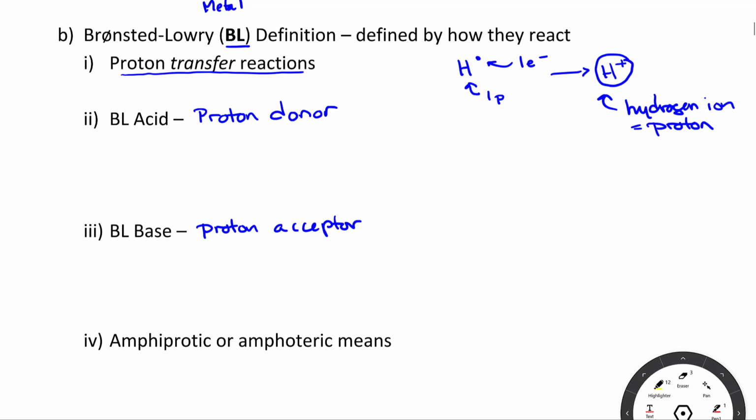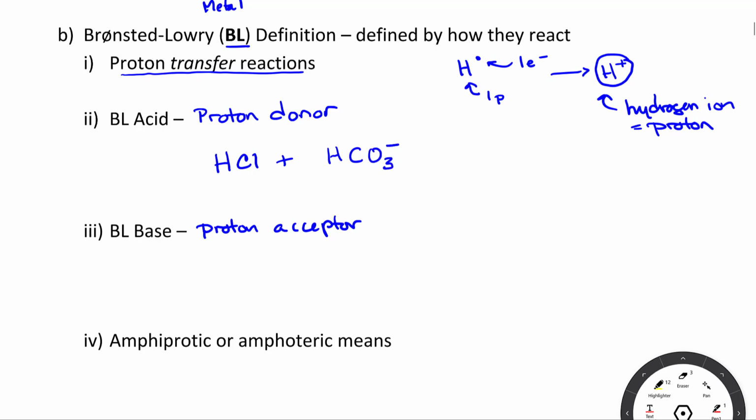So I'll give you examples of a reaction. Let's say you have HCl, and we'll do something that's different. We'll do HCO3 minus, like that.